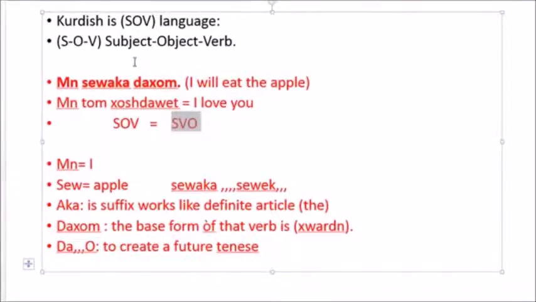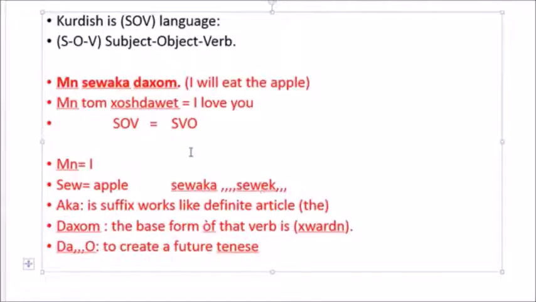That means there will be the subject, then the verb, then the object. So there will be the doer, then the action that goes on, then the object that is affected by the action of the subject. So English is SVO, but in Kurdish, the place of the object and verb is shifted.